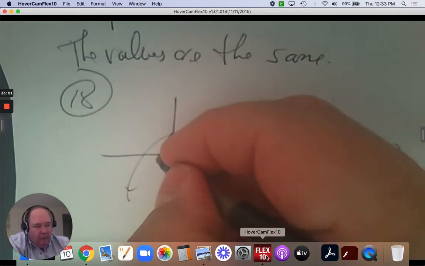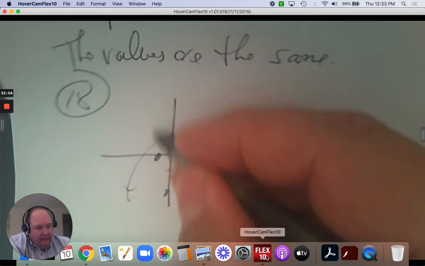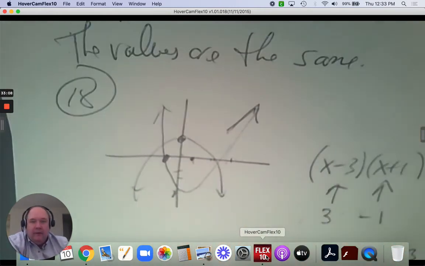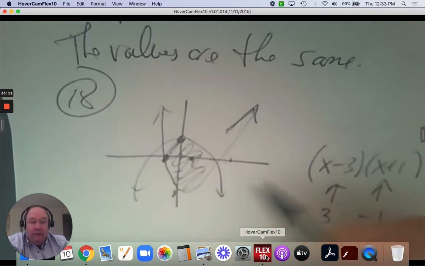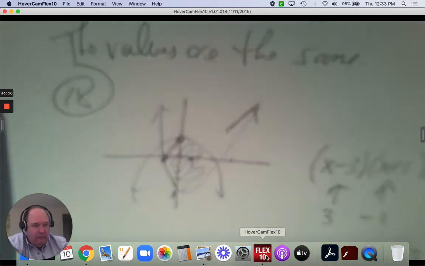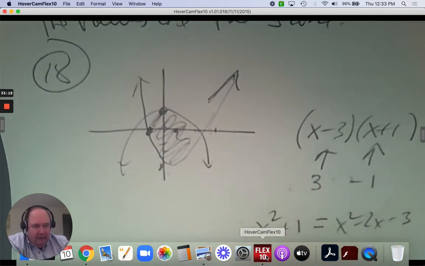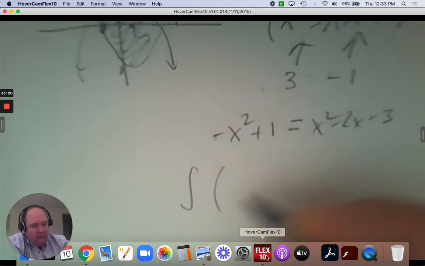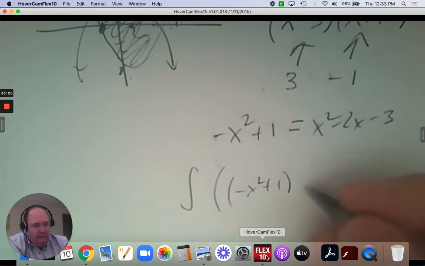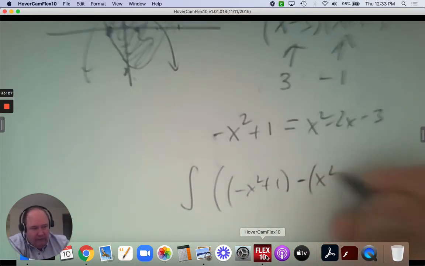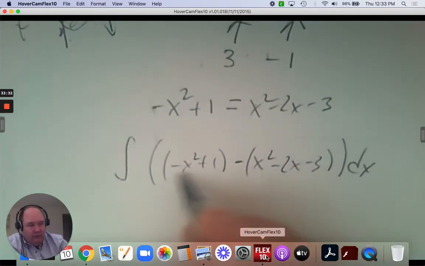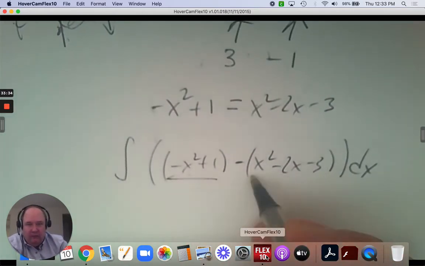So negative 1 and 3, and it kind of does this, and then I have this area. The first thing I'm trying to look at is which one is above and which one's below. The parabola concave down is above. So when I integrate, the first one is negative x squared plus 1 because it's above, subtract below, which is x squared subtract 2x subtract 3. There's the setup: top subtract bottom.